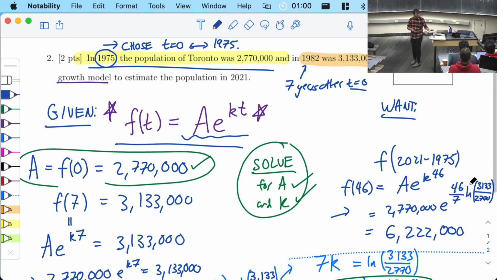It's a good skill to make sure you know how to do that correctly, you know where the ln button is, stuff like that. But again, it's perfectly fine to just leave it like that in the final answer. I would really only recommend doing decimals if you're stuck and that's the only way you know how to do it, or to sanity check and make sure the population of Toronto really is roughly 6 million, that adds up. Okay. Yeah, question?